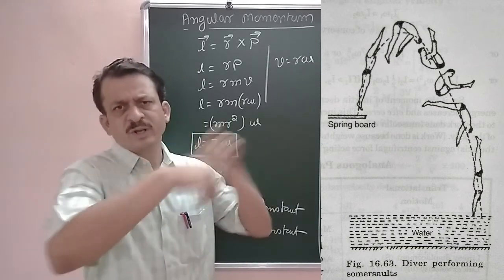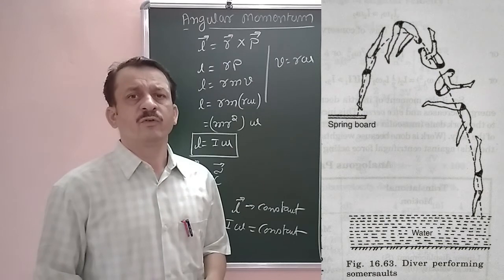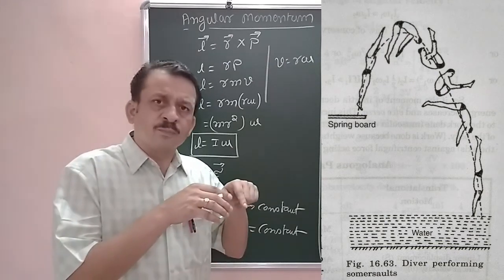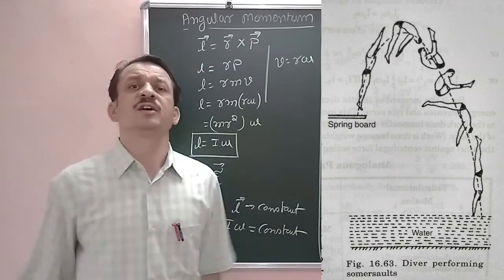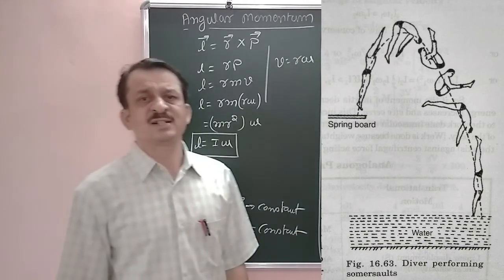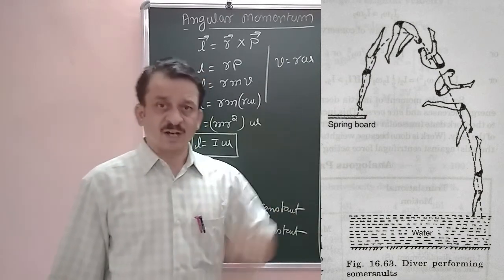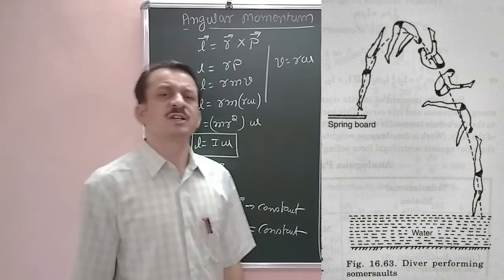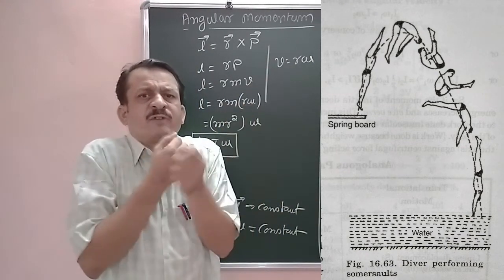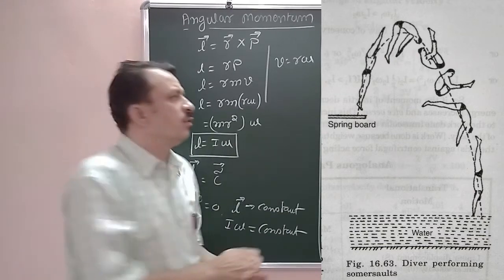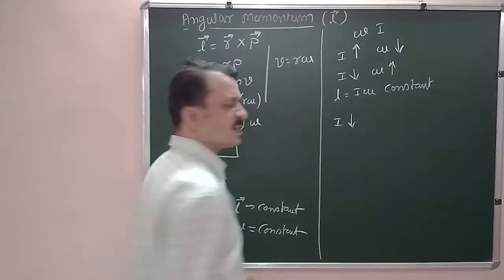He performs many rotations, and finally, as he is entering the water, he stretches his entire body, that is hands and legs. Now what happens in the case of a diver? As a diver jumps from the board, he suddenly brings his legs and hands very close to the body. The moment of inertia decreases.